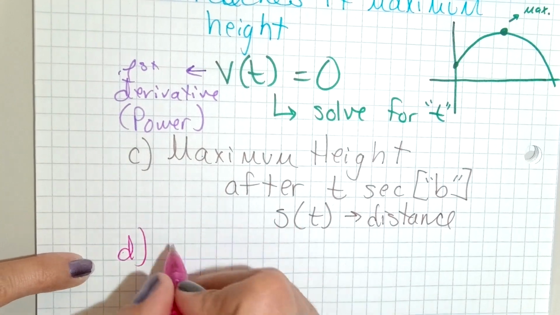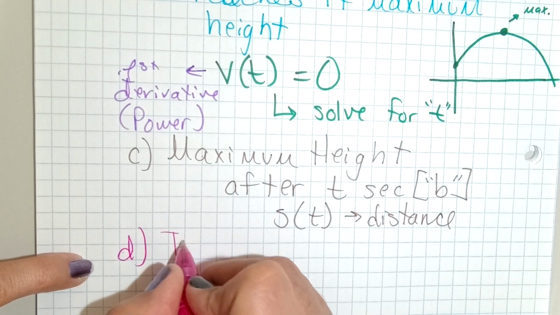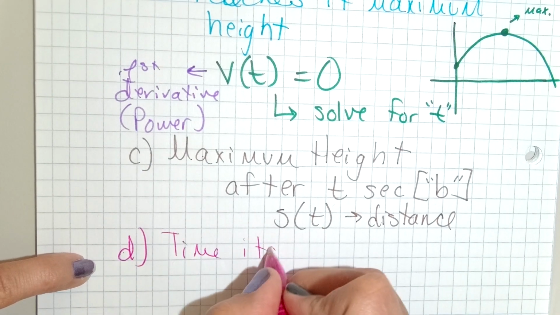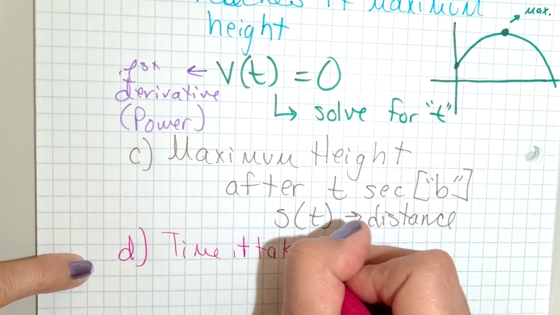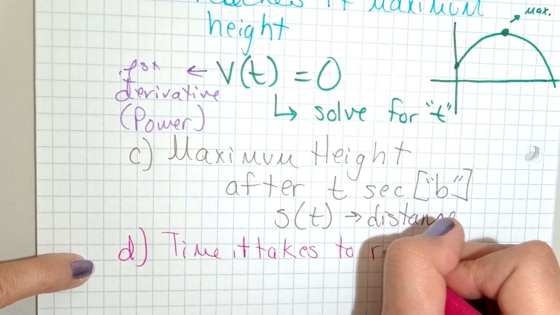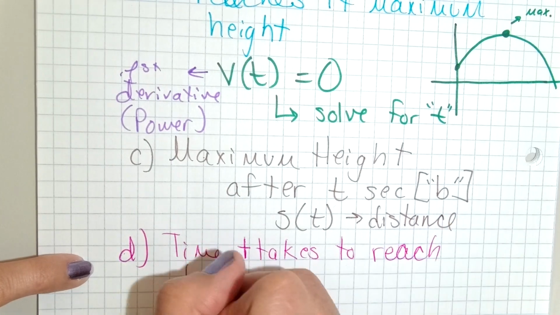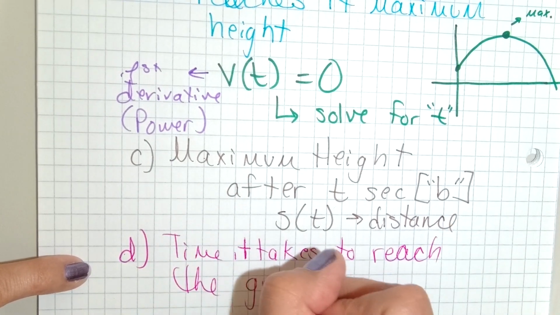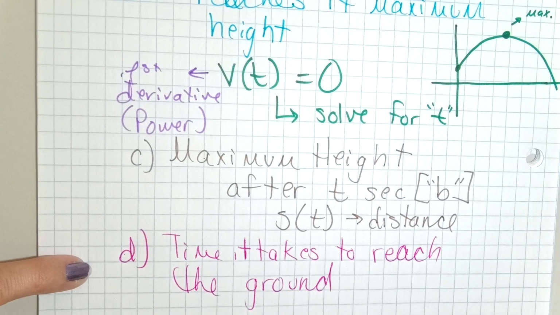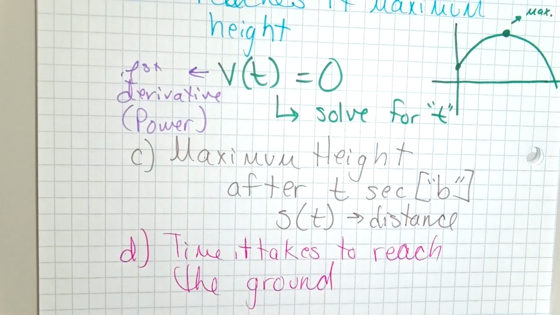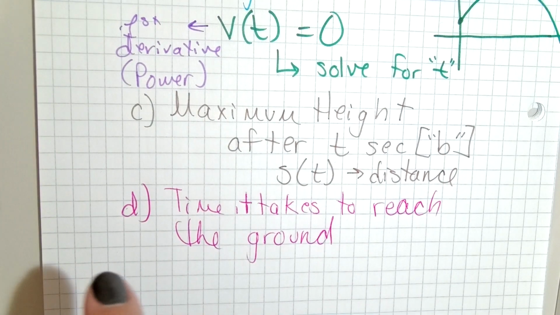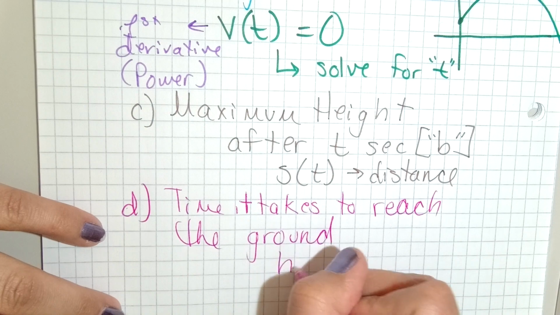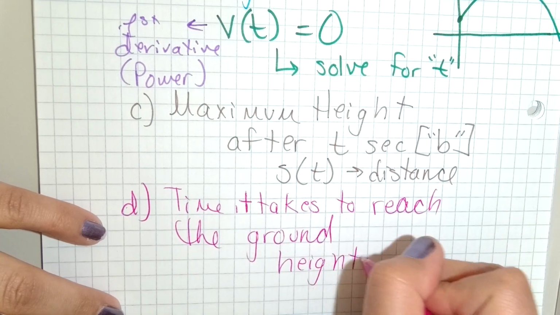And the last thing you're going to do is find the time it takes to reach the ground. The time it takes to reach the ground. When something hits the ground, what's its height? The height is 0.